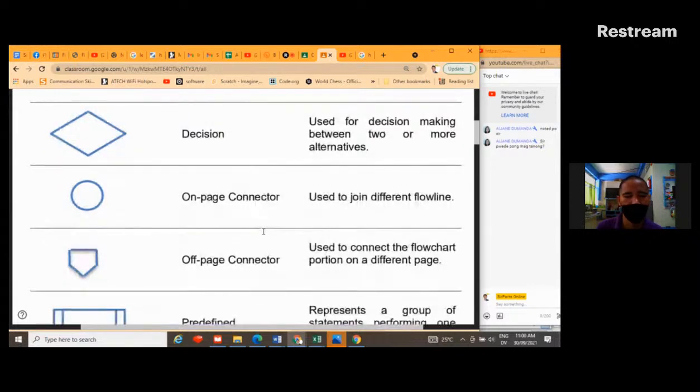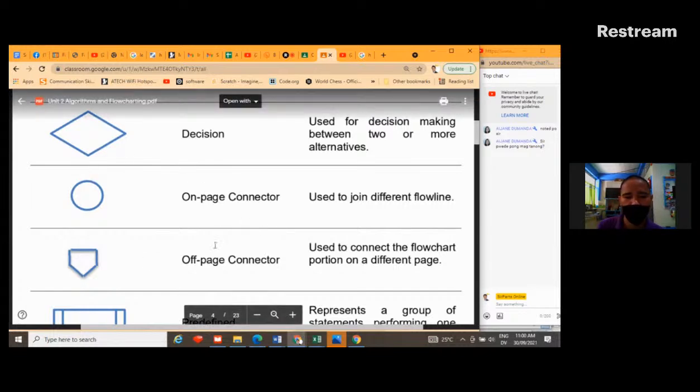Then we have the on-page connector, and it is used to join different flow lines. Let's say for example, you have that on this particular part of a paper, and then you can connect here.